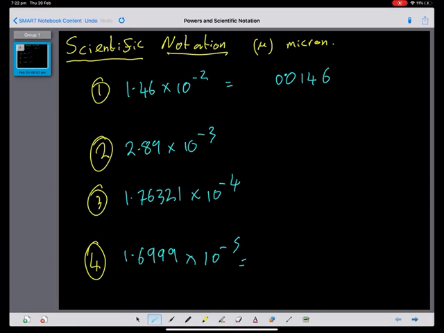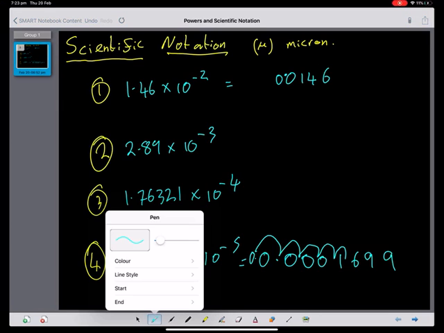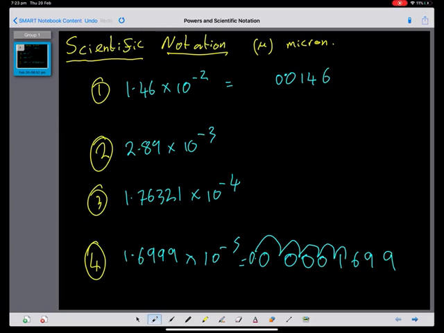We've got, put some zeros in. 1, 6, 9, 9. Okay, it moves 5 spaces. 1, 2, 3, 4, 5. Okay, so you do the ones in the middle and pause the video.